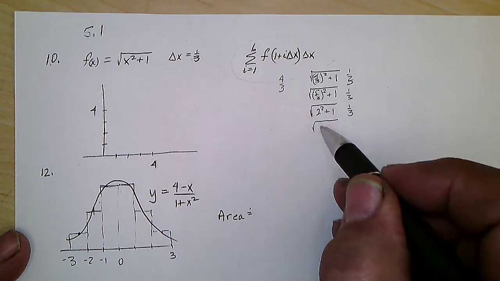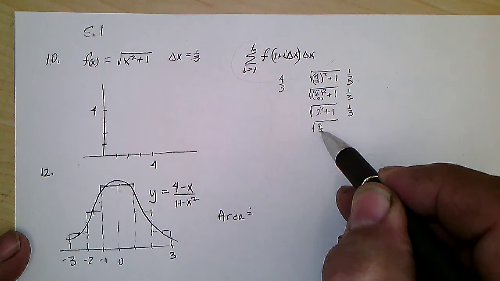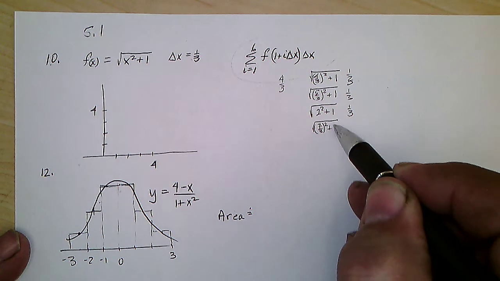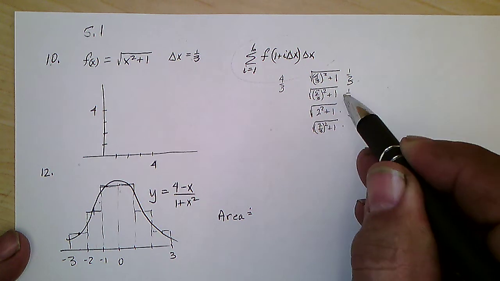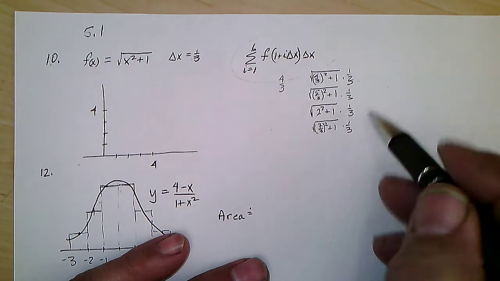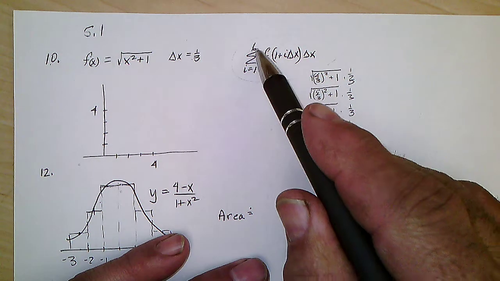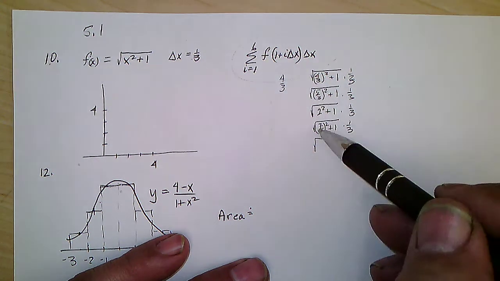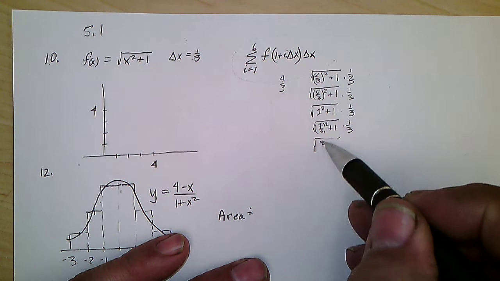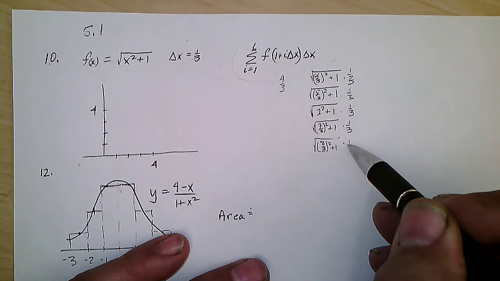And then another 1/3. So that's 5/3, 6/3, 7/3 squared plus 1 times 1/3. And then I'm going to do, let's see, this would be 5 in there. 5/3 plus 1 is 8/3 times 1/3.